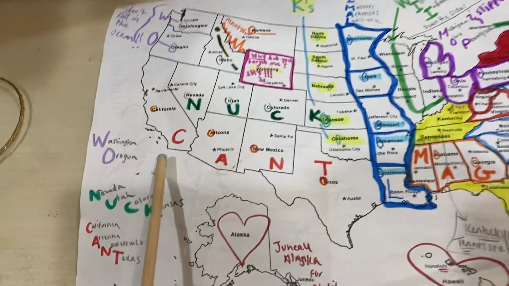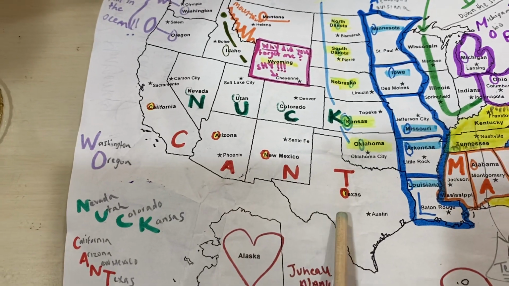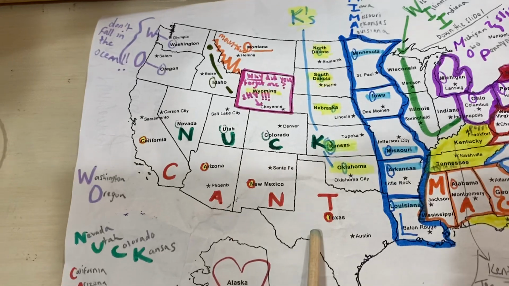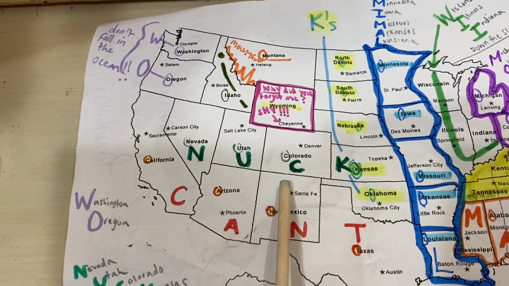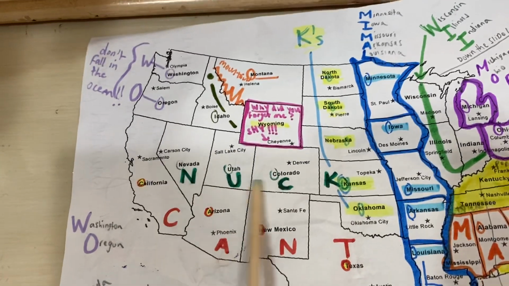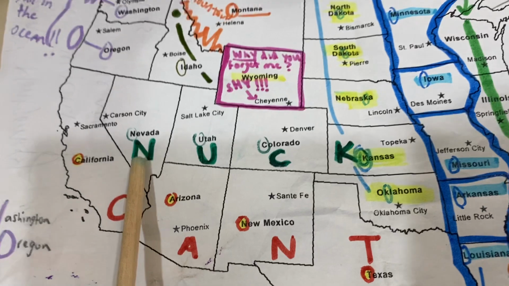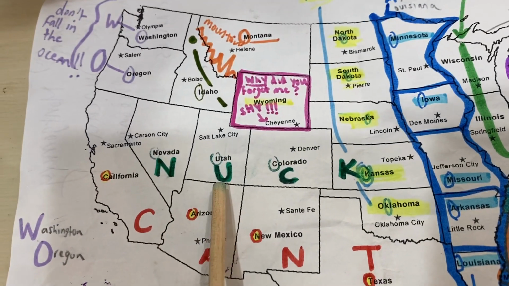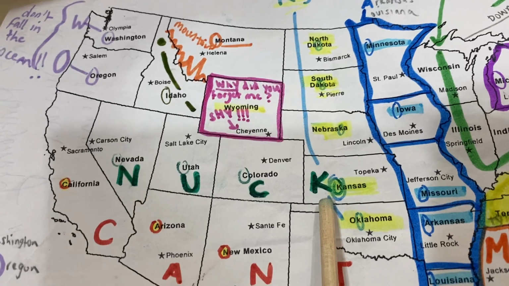Right above CANT goes the word NUCK, N-U-C-K. That stands for Nevada, Utah, Colorado, Kansas, right?